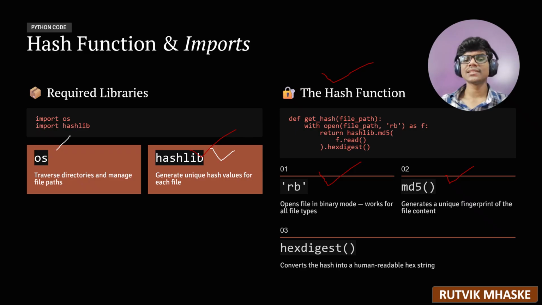Now the hexdigest. It converts the hashes into a human readable hex string. In a simple way, it converts into a readable format. This hash value is the key to identify the duplicate files. So let's move on to the next slide.